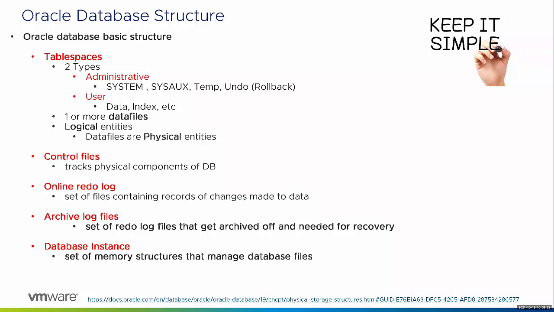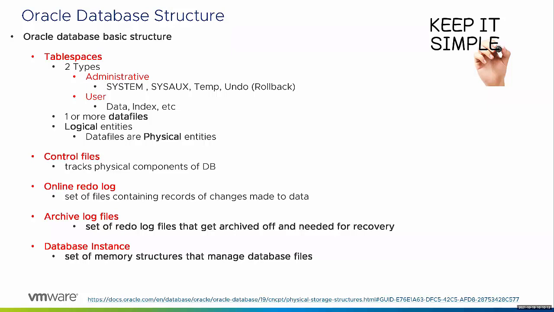Moving on from the tablespaces, you have a set of other auxiliary components that help manage these databases. Control files: you can compare a control file to a .vmx, because it has the heart and soul of an Oracle database and tracks the physical components of the database. The third component is the online redo log file.